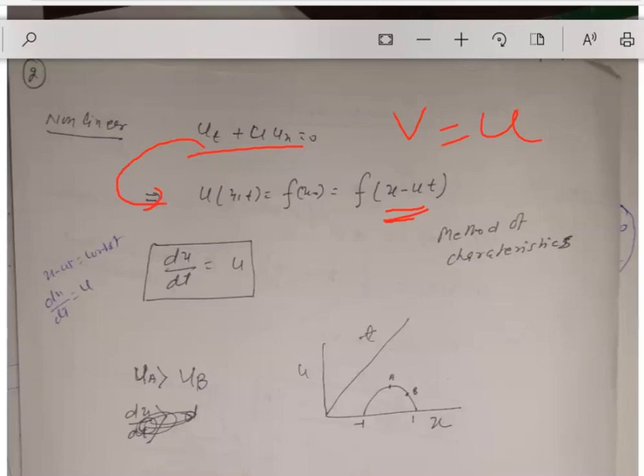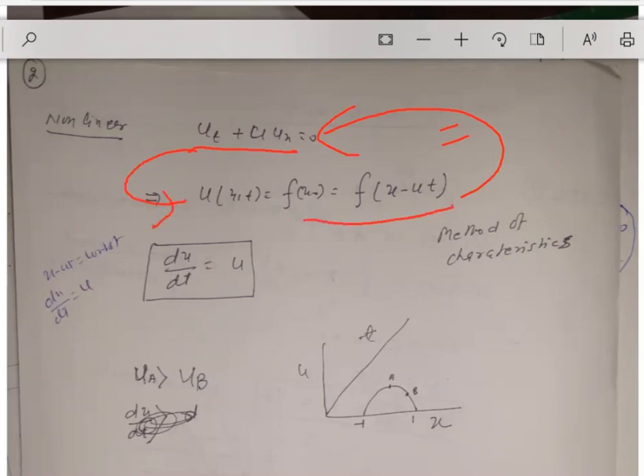Now put this solution here, it is satisfying. It means this nonlinear system has at least one solution, something like this, where we have dx by dt, velocity, proportional to u.